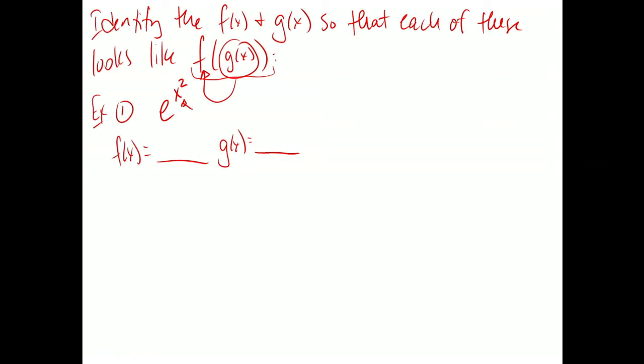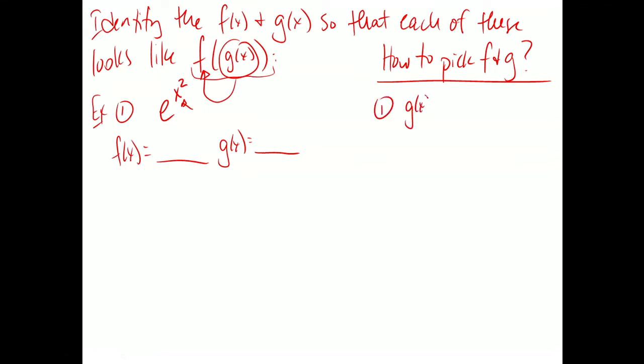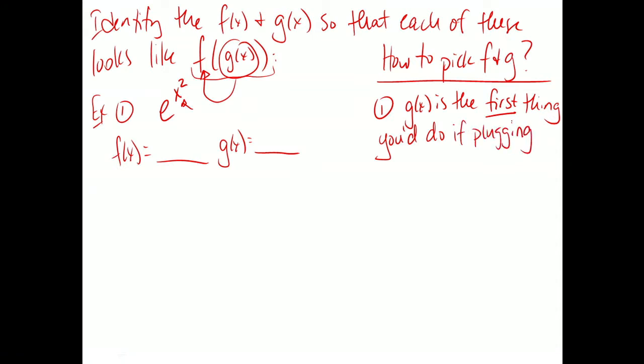So my first tip for how to pick f and g for the chain rule, that's what we're doing, is: g of x is the first thing you do if, let's say, you are plugging in an x value.